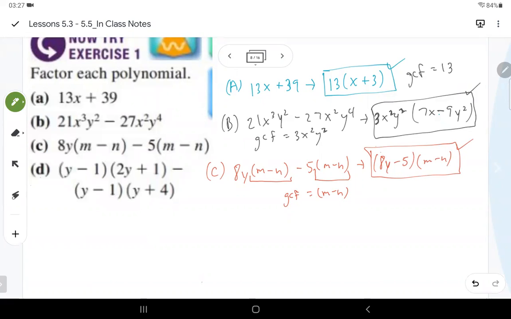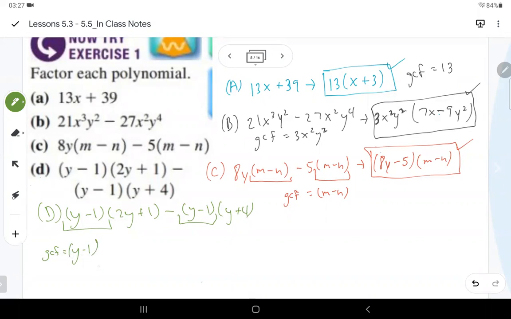All right, D is a little weird. So I'm going to write it so that you can see it all in one place. Okay, you can see here we have two y minus 1s. So that's your GCF. So GCF of y minus 1.